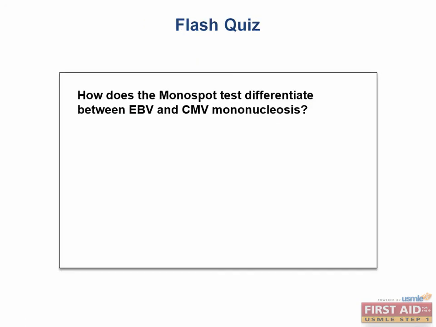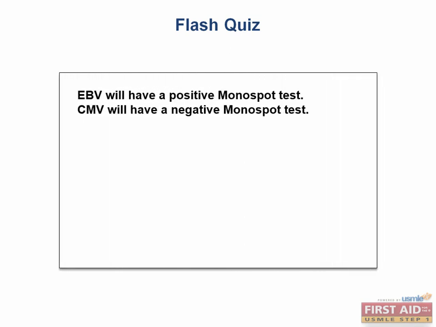Flash quiz time. Can you tell me, how does the monospot test differentiate between EBV and CMV mononucleosis? Well, remember, EBV has a positive monospot test, while CMV has a negative monospot test.